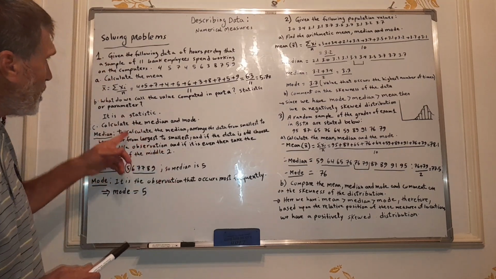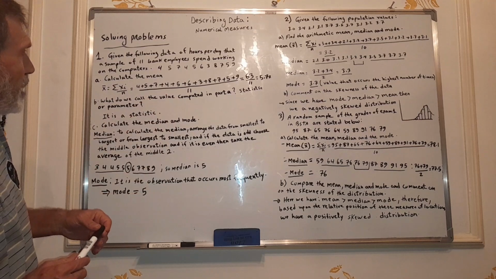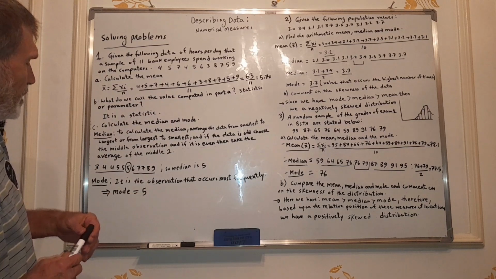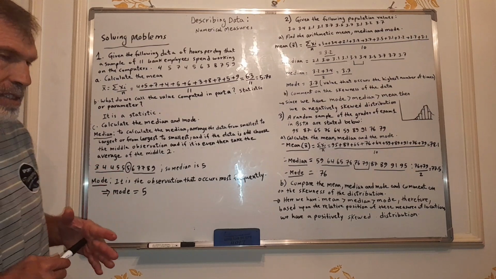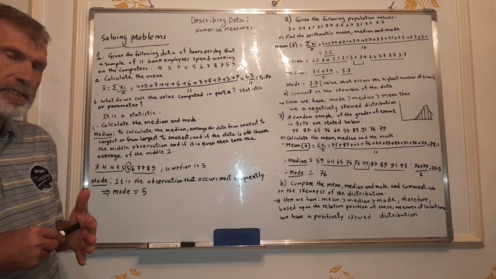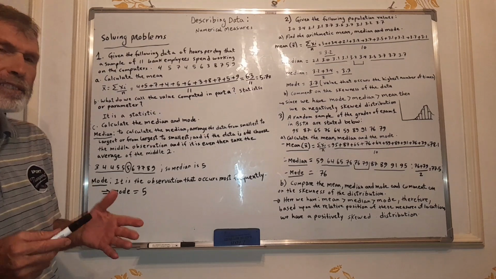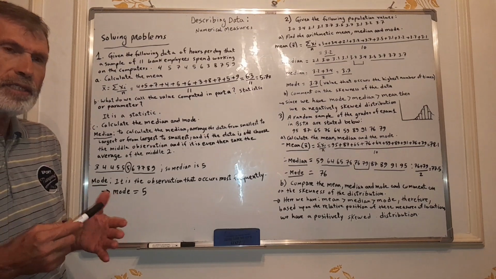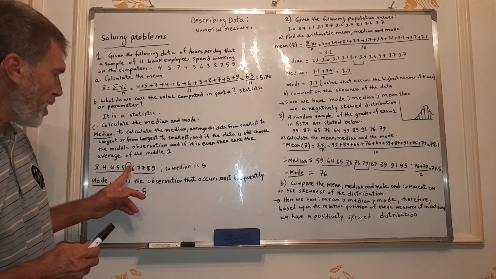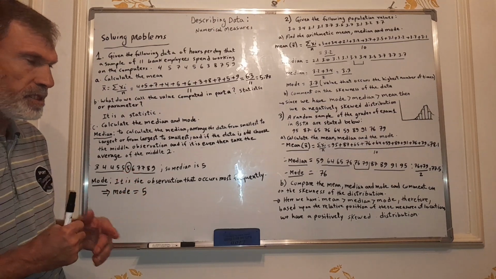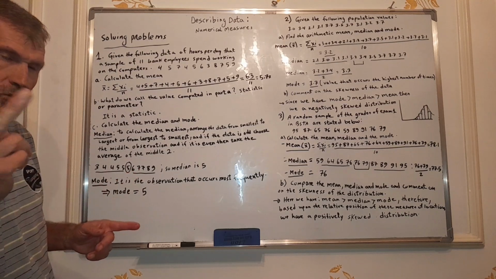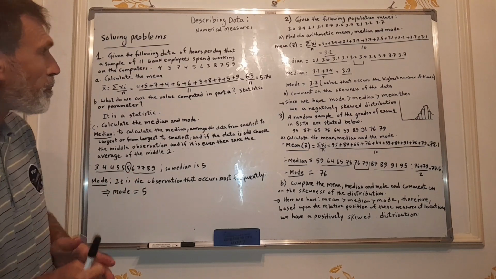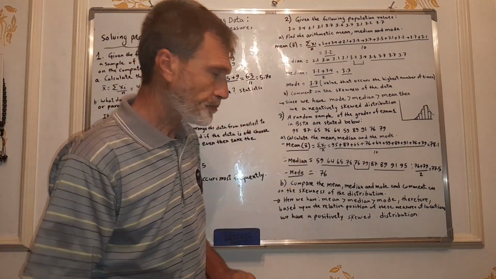So if you look at the data over here, we notice that 5 is stated 3 times. Since it exists the highest number of times in the data, it is the mode. So the mode is 5. It repeats 3 times, more than some other values such as 7, which repeats 2 times. Okay, great.